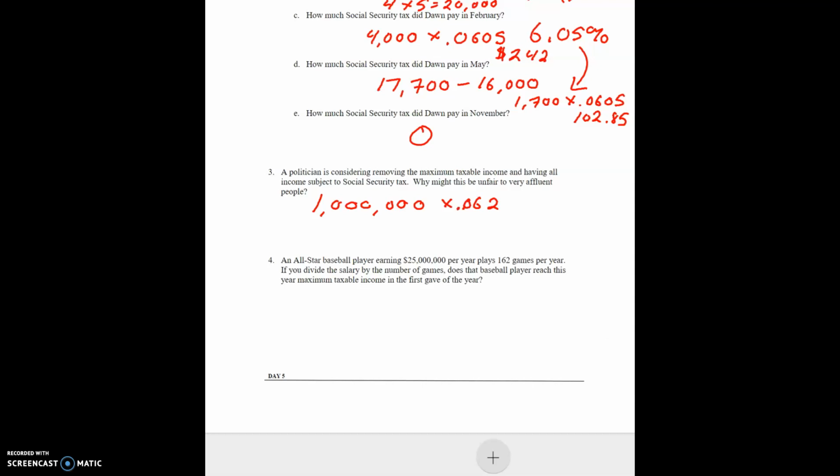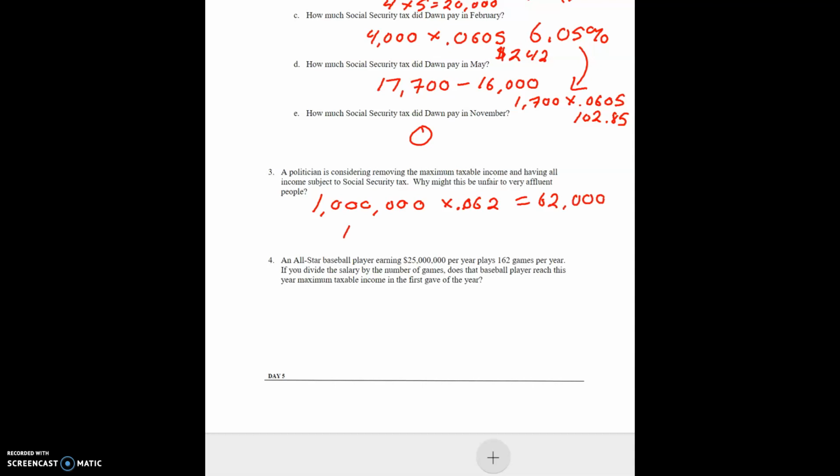If you multiply that out, 1 million times 0.062 gives you $62,000 paying into Social Security.